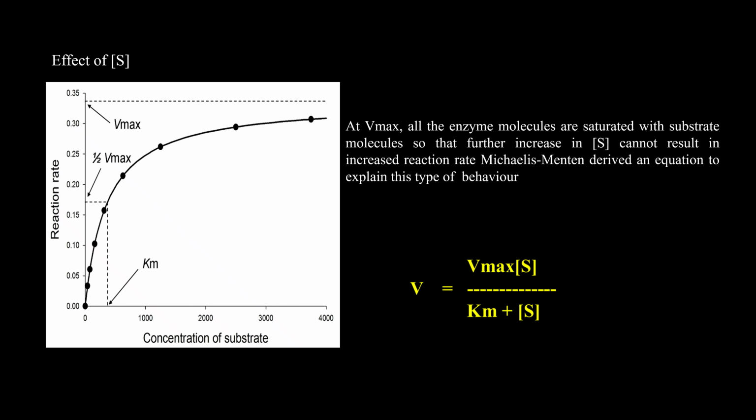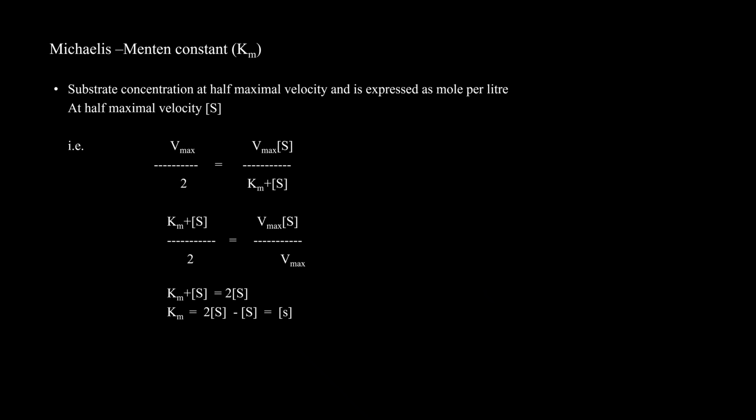First, we must consider that the enzyme molecules are saturated with substrate molecules, so further increase cannot increase the reaction rate. The Michaelis-Menten equation explains this. Michaelis-Menten concentration Km, the substrate concentration curve, maximal velocity, and explains the mode of the formula.